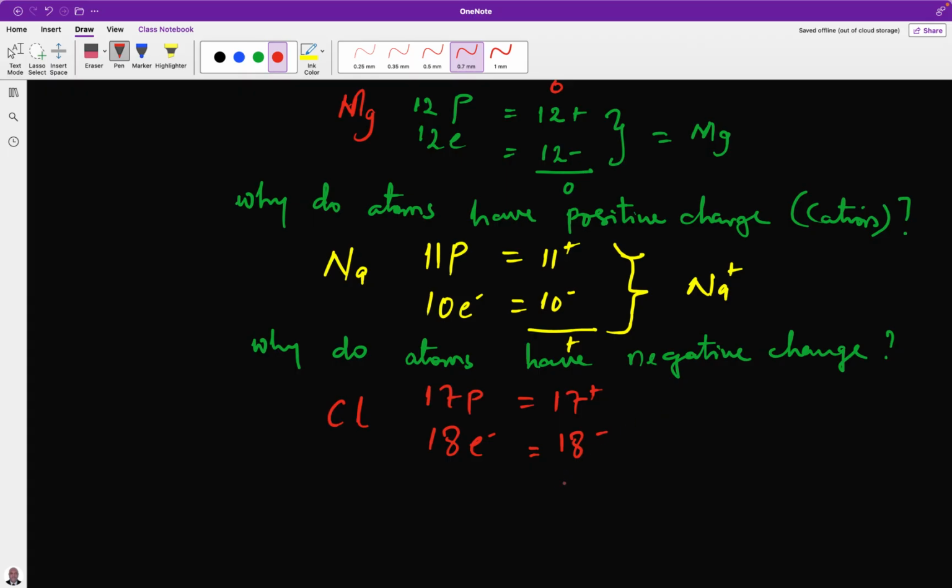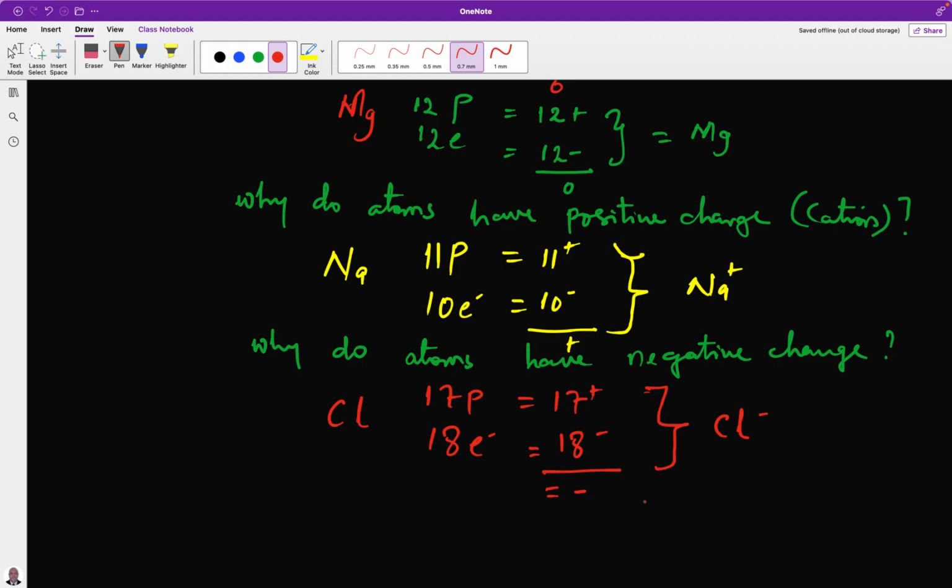If we sum up all this, we will have a difference of a negative. And the difference of a negative gives chlorine a negative charge. It means that there are more electrons, and that gives chlorine a negative charge, which is an anion.